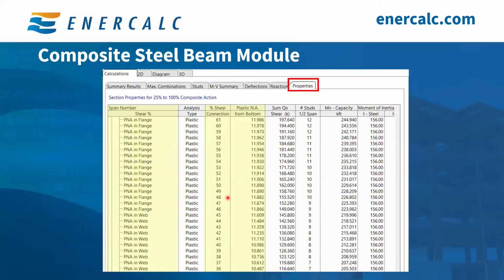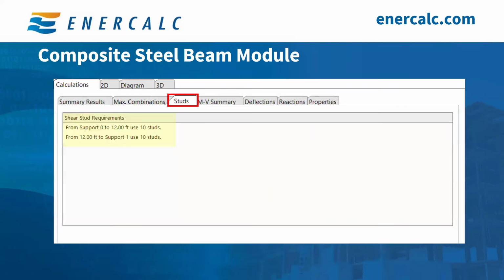And you can scroll up and down and left and right and get a lot of information, such as how many studs you need to achieve a particular composite action. And of course, the location of the PNA, if it's in the flange or in the web, or if it's 100% composite, then it'll be in the concrete slab. So again, just a lot of granular information that would help you along the way in case you're trying to do something that's not traditional or not conventional.